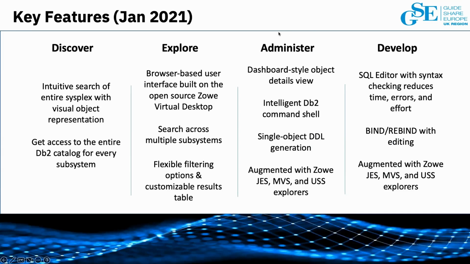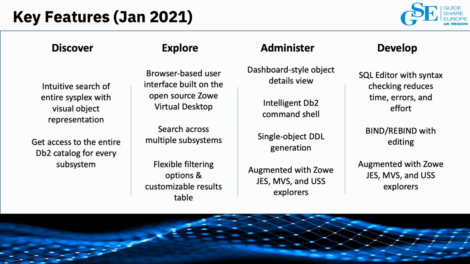When you say, show me all the tables under a schema, we will search across all of those subsystems that you've told us about, or you can narrow down the search. If you're only interested in DB2P, then you can just select that. So that is across every single subsystem. Very simple to do.